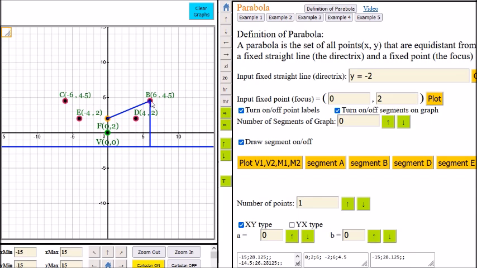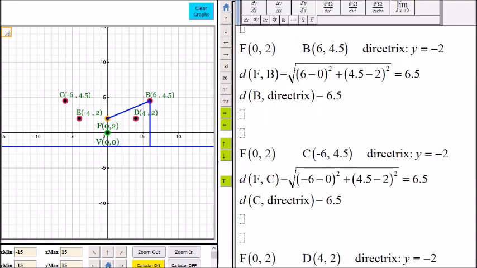We want to show that the distance from this point B to the focus is the same as the distance from point B to the directrix. So the focus is located at (0, 2), B is located at (6, 4.5), and the directrix is the line y equal to -2.